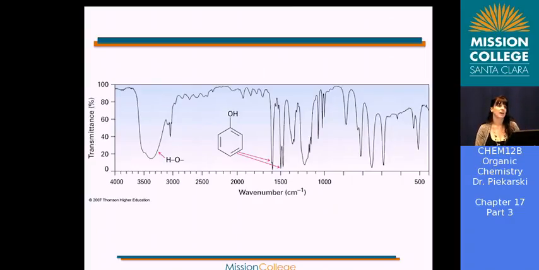Is it di? Is it tri-substituted? If it's di, is it ortho, meta, or para? So there's lots of key information you can get from the IR that we've gone over already in chapters 12 and 13, as well as for aromatic compounds we went over in great detail in chapter 15. So make sure you're practicing your spectroscopy.